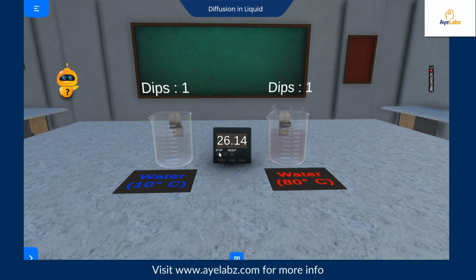You can use the stop clock to stop or reset to start the experiment again. Let's do one more dip and observe the changes.